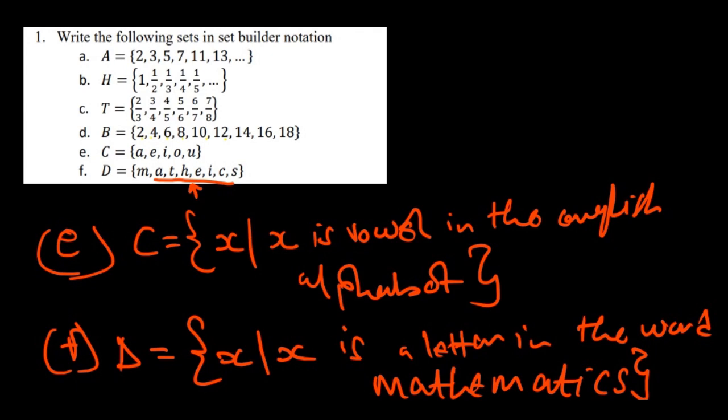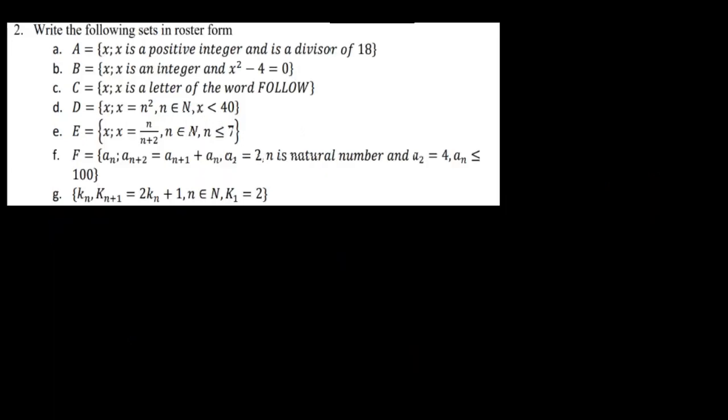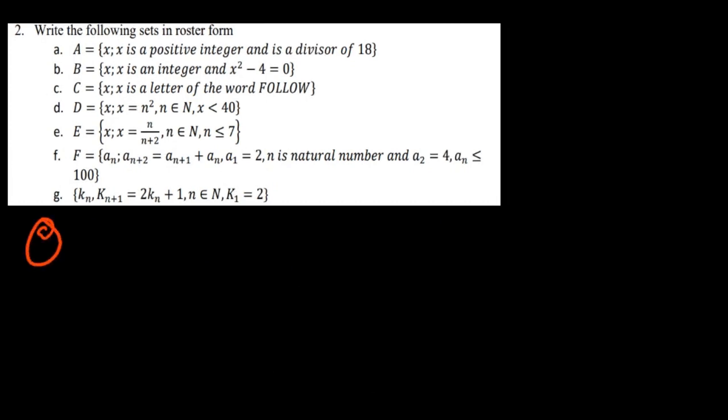All right, so let's look at the second question, which is this one. In this one now we are coming from the set builder notation form to the roster form. So we are listing. For set A, they're saying write the following set in roster form.